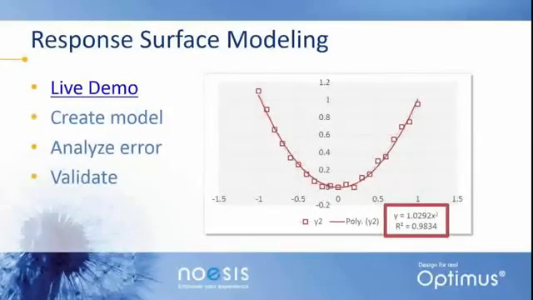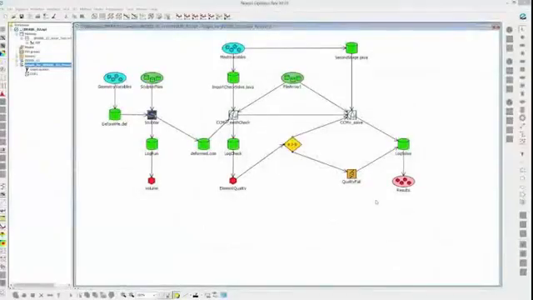The trend line equation that we've all added to the chart in the past is, in fact, the mathematical approximation of the data. Optimus has the ability to quickly create a multi-dimensional mathematical approximation that includes multiple inputs and outputs. Obviously, it's a little more difficult to visualize than the 2D mathematical approximation here inside of Excel.